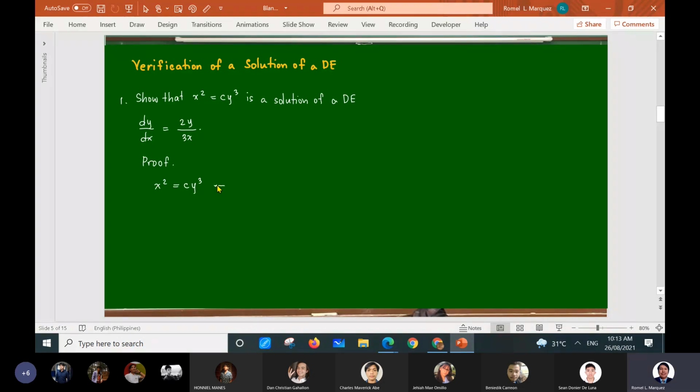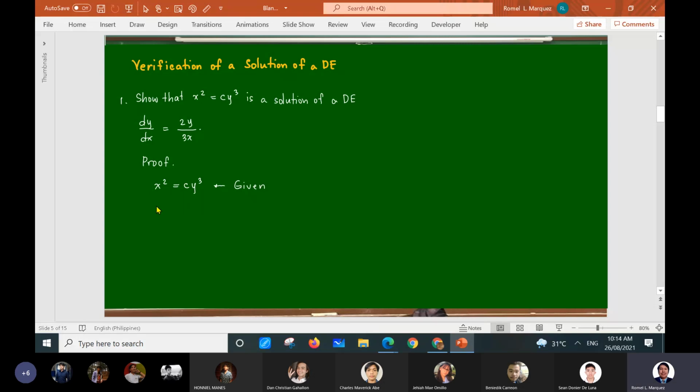So this is given. Again, this is the equation defining a function. We are trying to determine if it is a solution to this. So the first step is you differentiate. How many times are we going to differentiate? One time only, because the given DE is just order 1. Actually, because there is one arbitrary constant. Okay, guys?